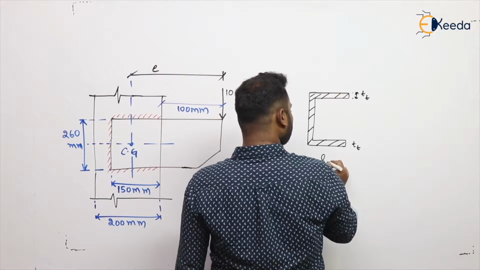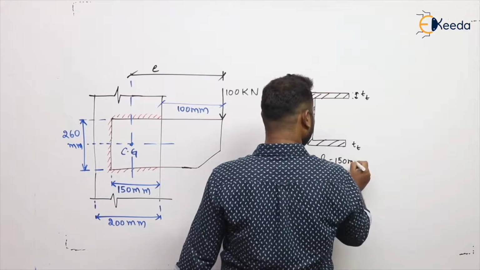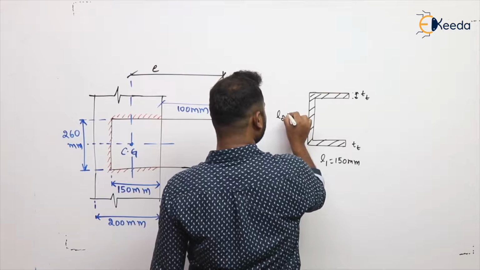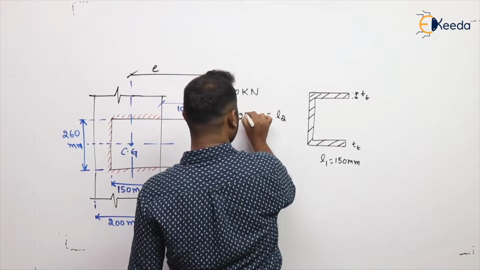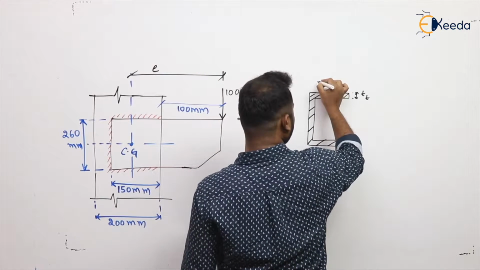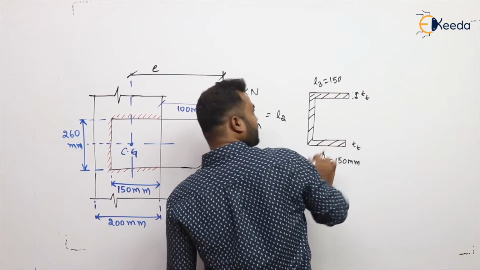And this is L1, length L1. How much is mentioned in the question? 150 mm. And this is L2. How much is mentioned in the question? 260. And this is L3. How much? 150. It means L1 is equal to L3 in this case.